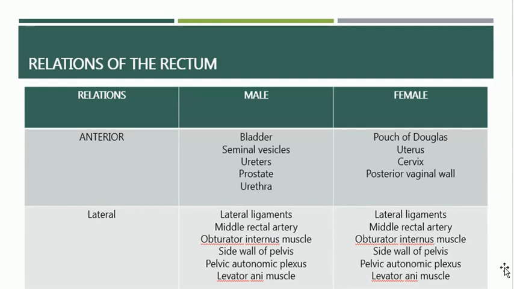In females, they are almost similar: lateral ligaments, middle rectal artery, obturator internus, side wall of the pelvis, pelvic autonomic plexus, and levator ani. So in male and female, the lateral relations are the same structures.